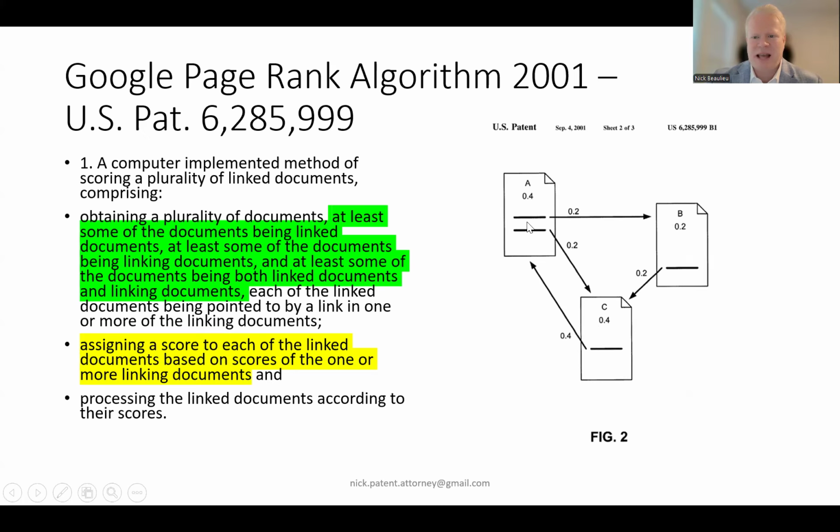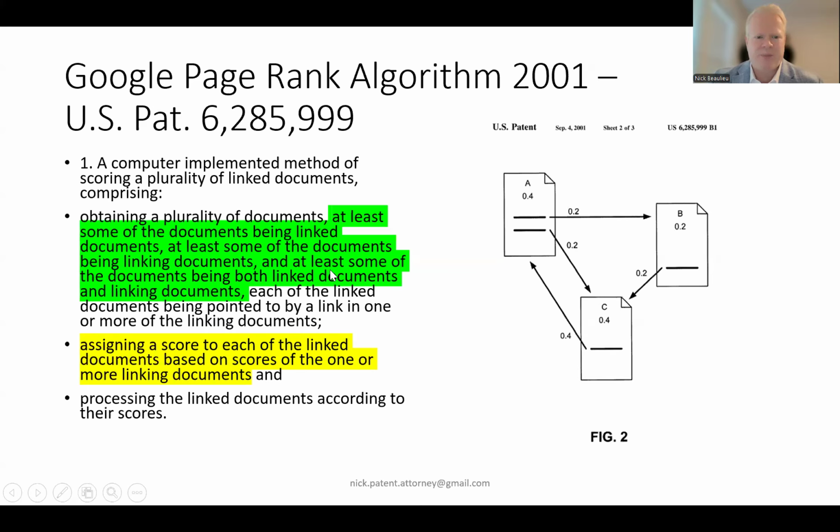So you can see that this A document is both linking and linked, and then the C document only links to A, and C is linked by B. So you have these three different types of documents, and you assign scores to them, and based on assigning the score, you then process them. So that's kind of an interesting concept, that you're looking at these three different types of documents.